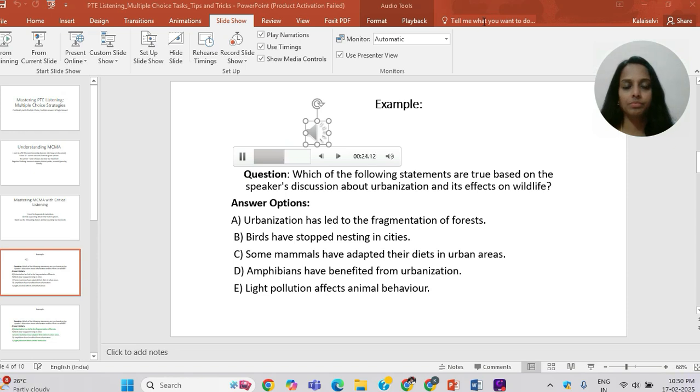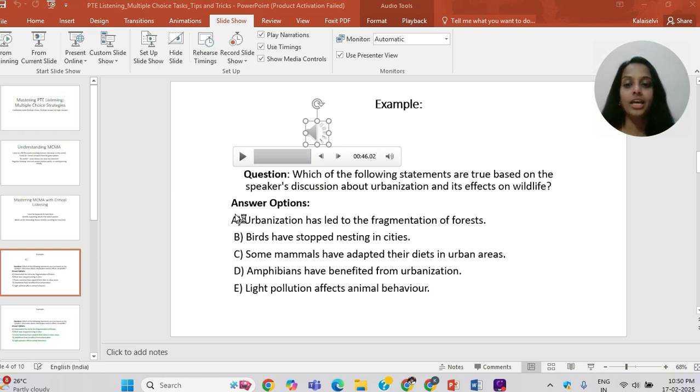Many amphibians, which rely on stable water sources, have seen declining populations due to pollution and habitat destruction. While conservation efforts, such as creating green corridors, have helped some species migrate safely, the overall impact remains concerning. Urban environments continue to introduce artificial noise and light pollution, affecting animal behaviors.